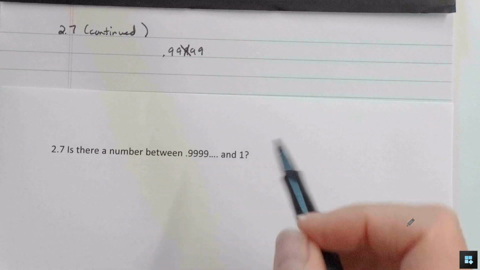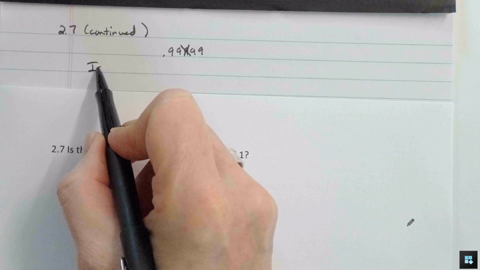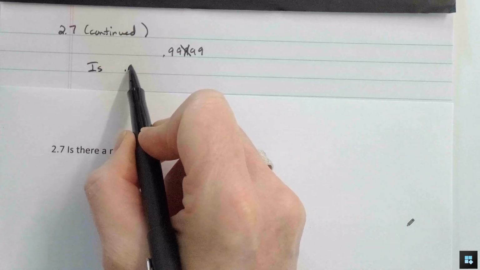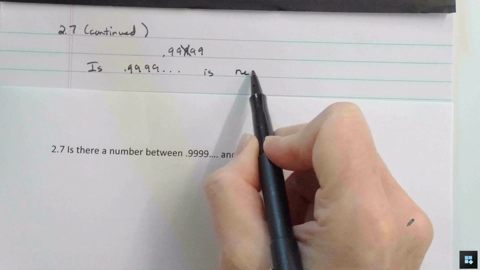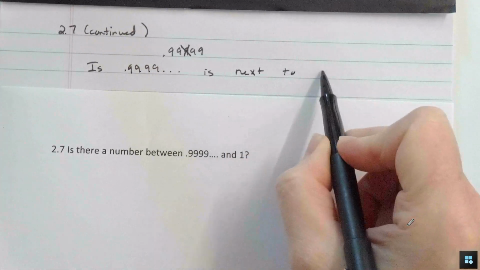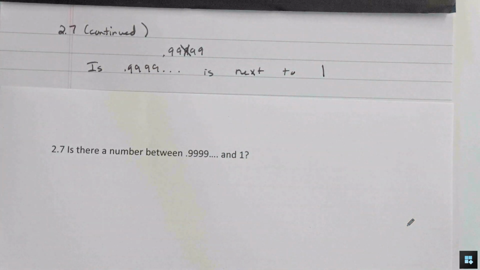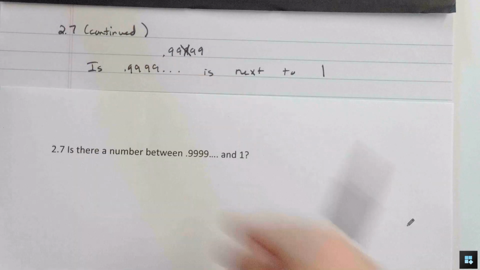Does that mean 0.9999... is next to the number 1? Is that the number that's next to number 1? What number is next to 1?